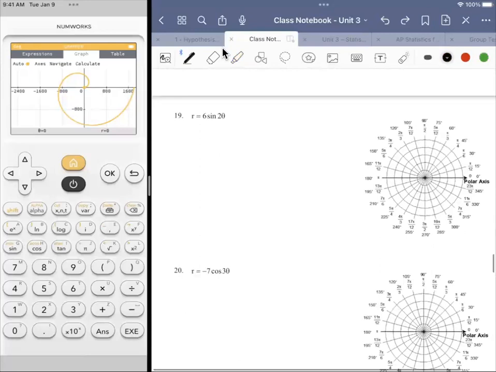So I know what I'm structurally looking out for. I'm looking for something that looks like their version of a rose. I need nice values for sine. The problem is, since it's 2 theta, I actually need nice values for sine of 2 theta.